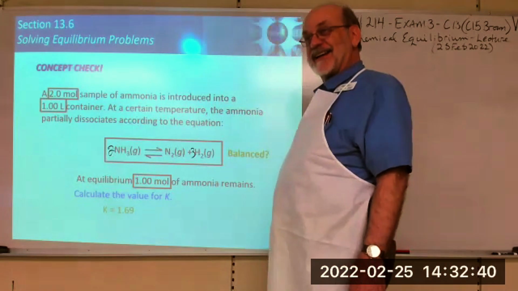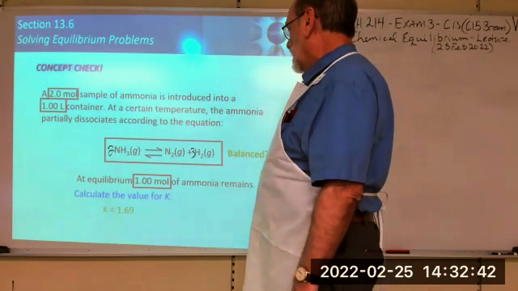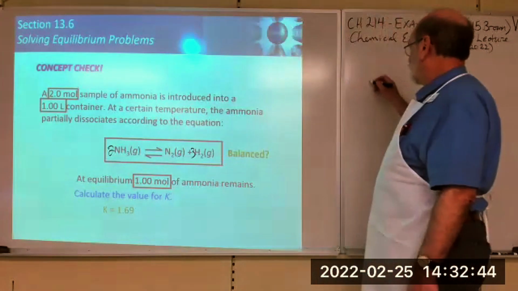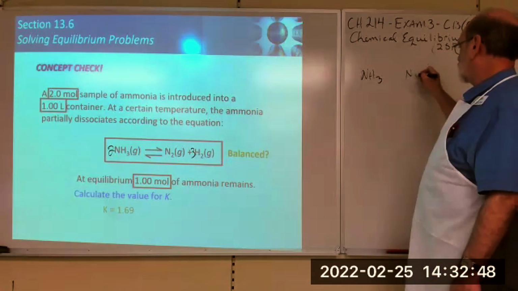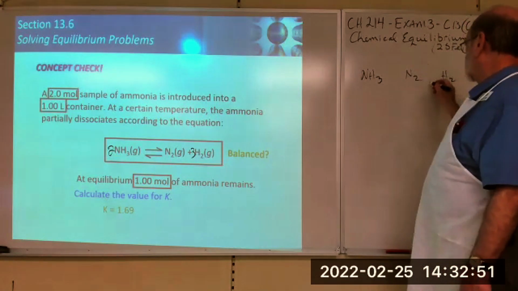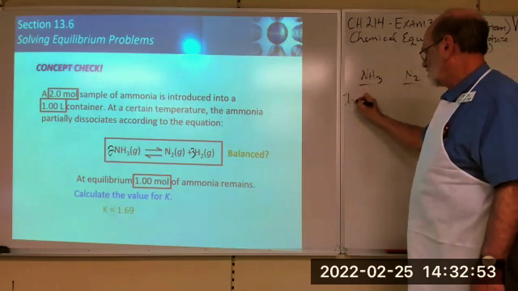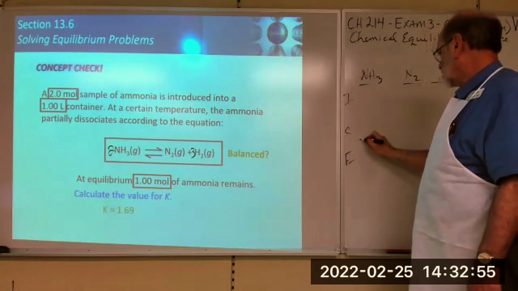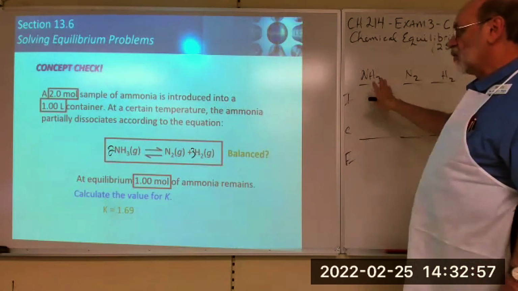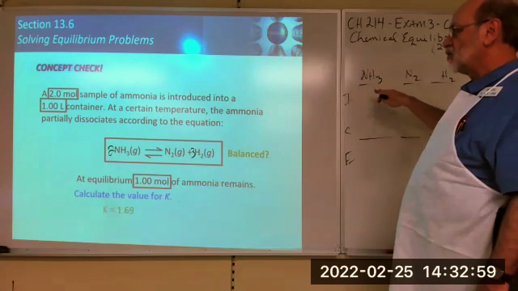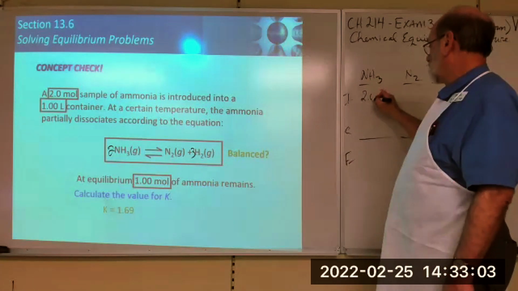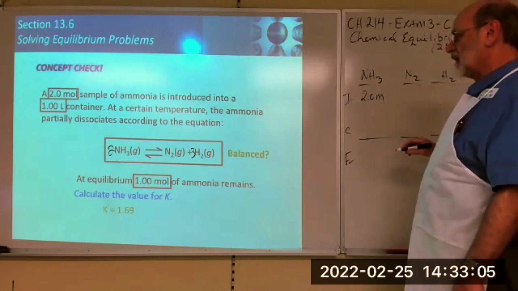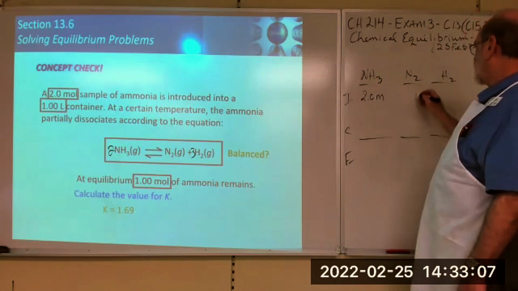And then you set up your ice table with ammonia, nitrogen, and hydrogen here. And then you say, what are the initial amounts? 2 moles per liter, so that's 2 molar. And then nothing here.